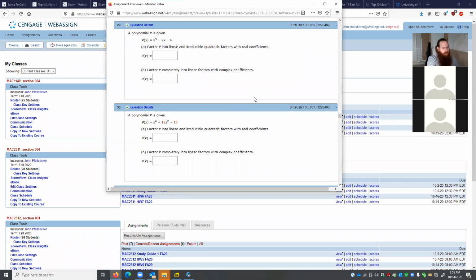So here we would begin again with our rational roots theorem. x cubed minus 2x minus 4.